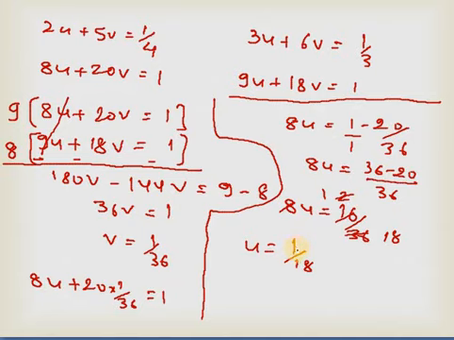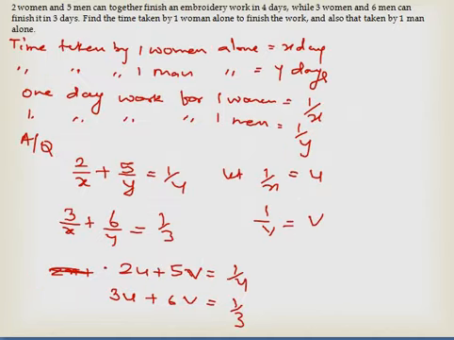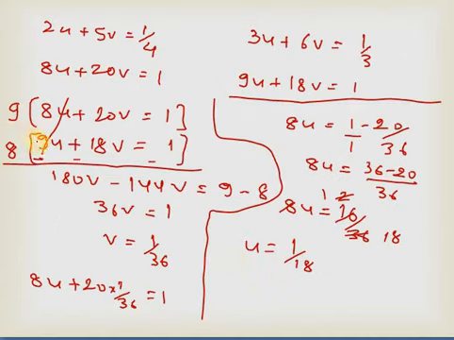So if we move to the previous slide and check what u and v were: 1 upon x was u. So 1 upon x is equal to 1 upon 18.